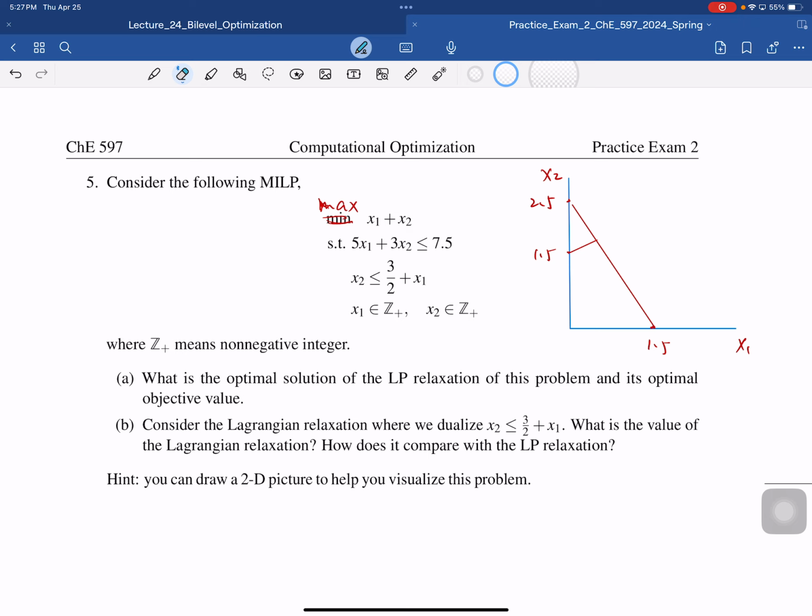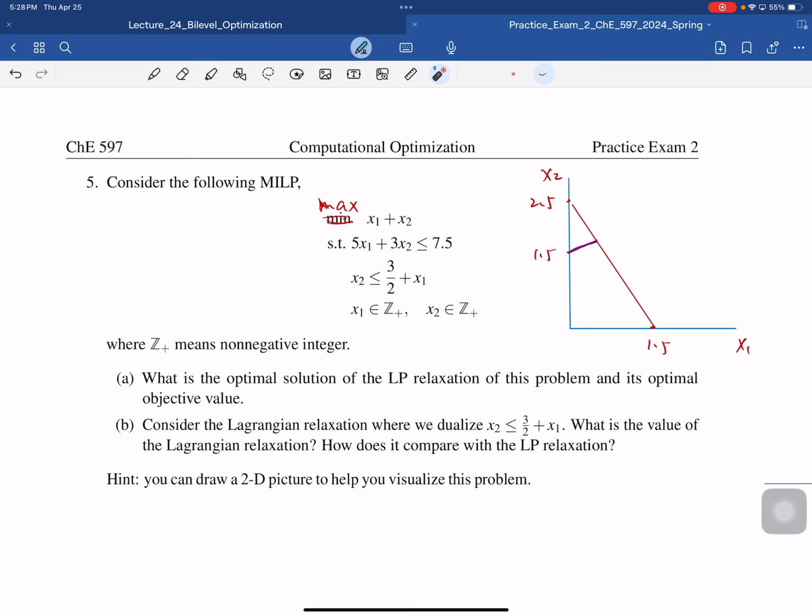So maybe draw it in different lines. If you dualize this purple constraint, then what is left is this feasible region here, and also the integrality constraint.